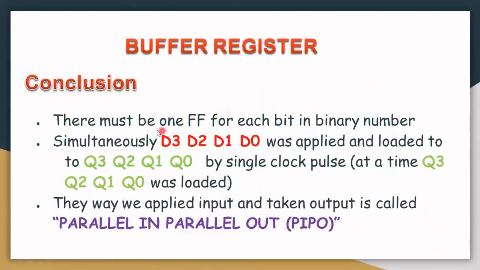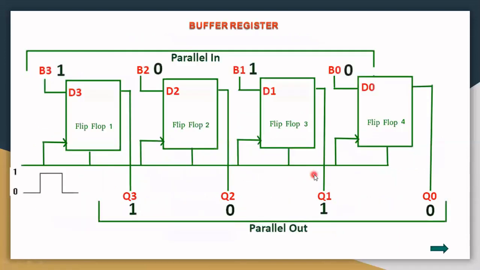So in conclusion, there must be one flip-flop for each bit in the binary number. Simultaneously, D0, D1, D2, D3 were applied and loaded into Q0, Q1, Q2, Q3 by a single clock pulse. See this. We are applying data, then we are giving a clock pulse.